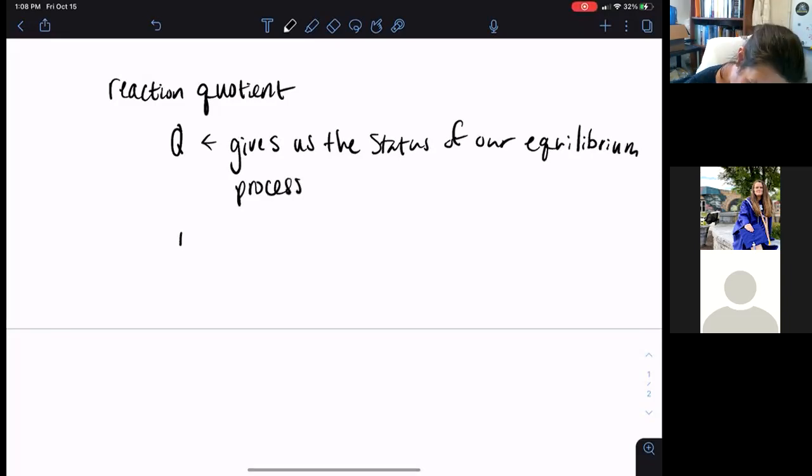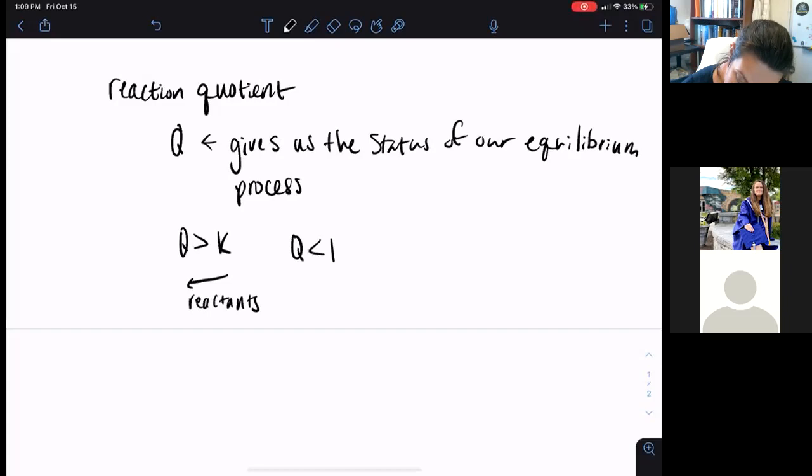So a Q that is greater than K, we have too much product, we need to shift towards reactants. A Q less than K, we have too much reactant, not enough product, so we need to shift towards products. And then Q equal to K, we are at equilibrium.